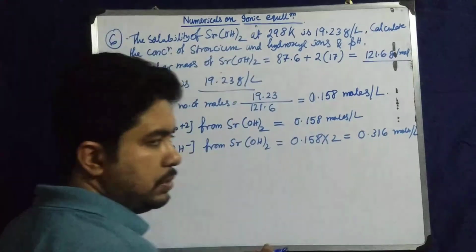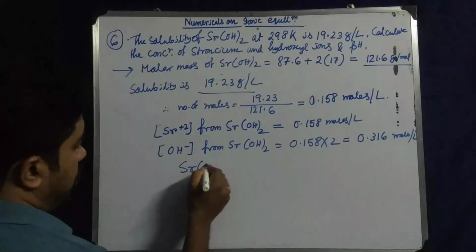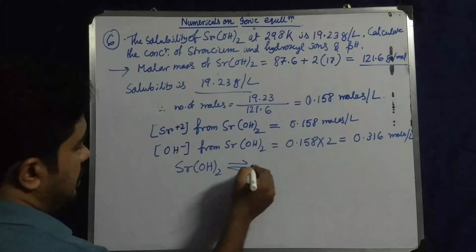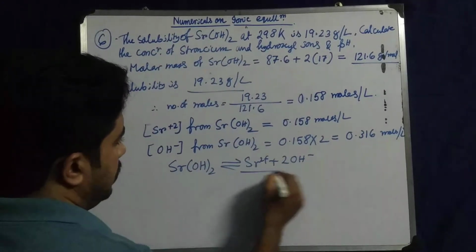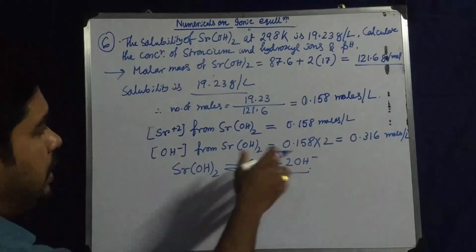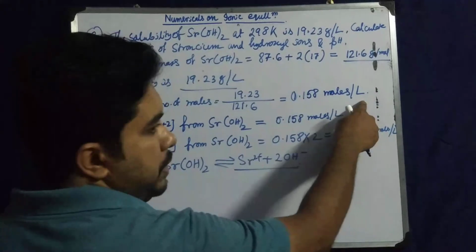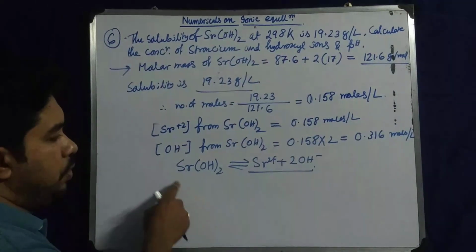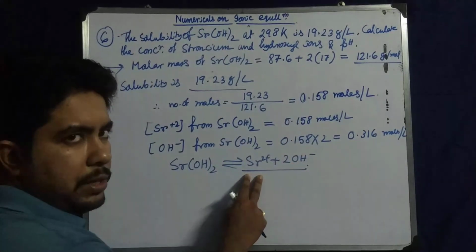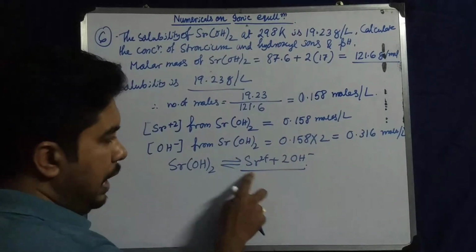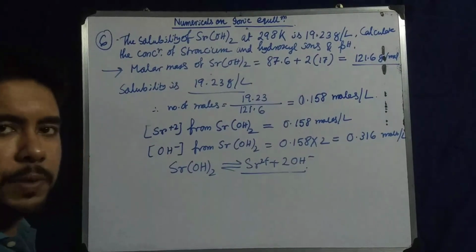So now we will have a question, why into 2? Look at that. Strontium hydroxide dissociates into Sr2 plus ion plus 2OH minus ion. As 2OH minus, that's why whole strontium hydroxide has this much solubility. Strontium is 1 ion, so it is equivalent to this 1 mole, and OH minus is 2 moles, double this, so that's why 0.316 moles per liter.